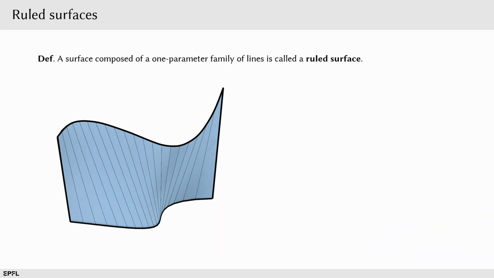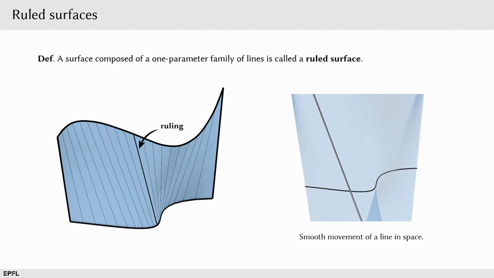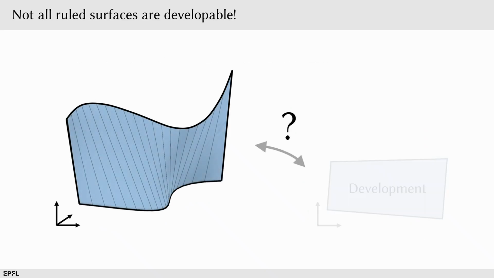Surfaces that are composed of a one-parameter family of lines are also known as ruled surfaces, and these lines are also called the rulings. Intuitively, a ruled surface can be obtained by tracing a line in space along a curve. It is important to note that not all ruled surfaces are developable.